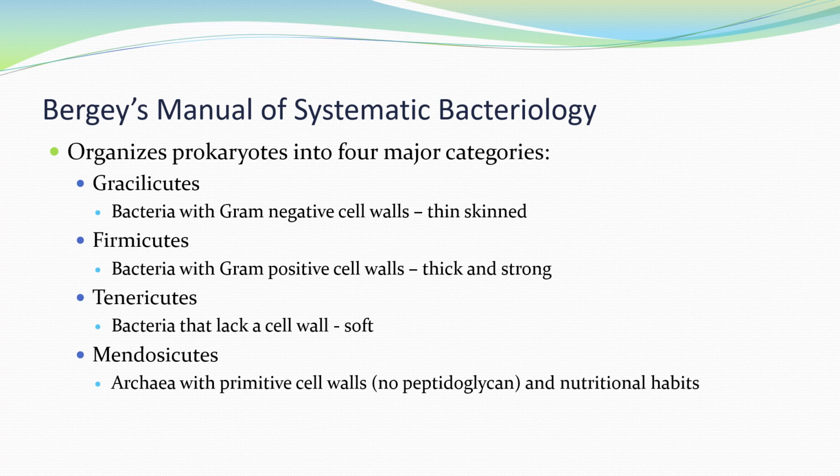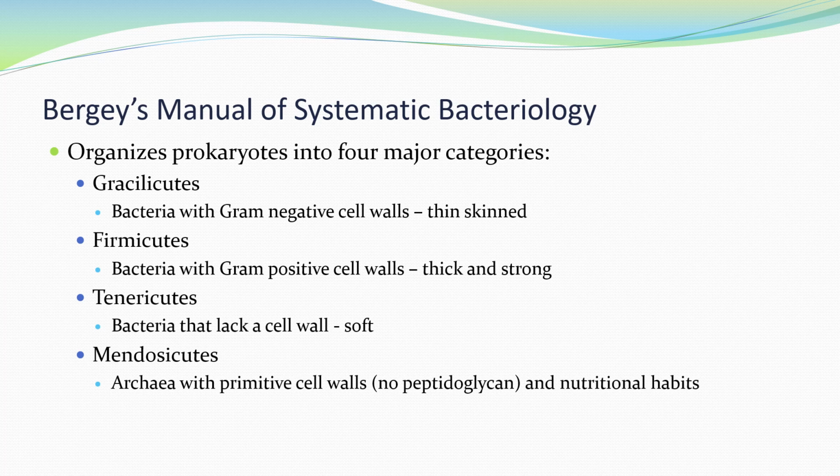Next is Firmicutes. These are bacteria with gram-positive cell walls. These are going to be thick and strong-skinned. Tenericutes. These are going to be bacteria that lack a cell wall, soft-skinned. And Mendocicutes. These are archaea with primitive cell walls, no peptidoglycan, and unusual nutritional habits.